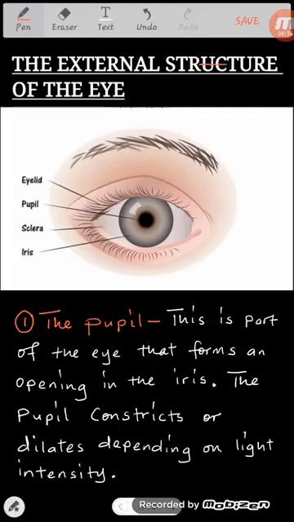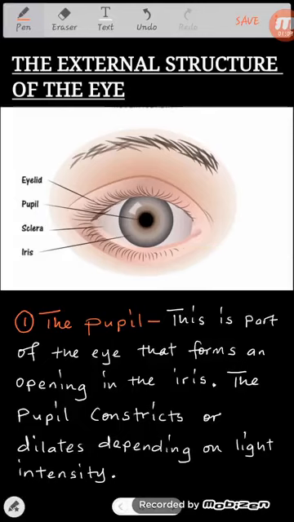Structure simply means what something looks like. So when we are talking about the external structure of the eye, we want to study what the eye looks like on the outside. When you are looking at the outside structure of someone's eye, what things must you understand? This is what our lesson for today is all about.